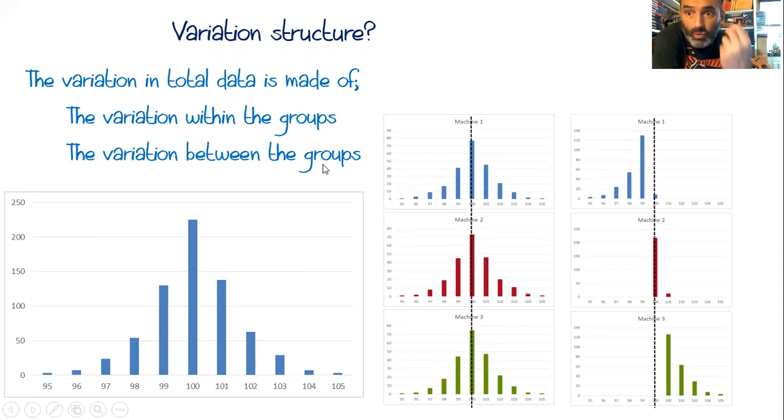What is variation within the groups? What is variation between the groups? Okay, so you could see the variation within the groups easily. What we mean by it is, if you calculate the variance for this sample, what do you do? You do x values minus x bar squared multiplied with the frequency, right? Sum them up and then divide by total frequency minus 1 because it's a sample.